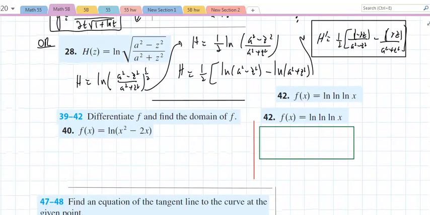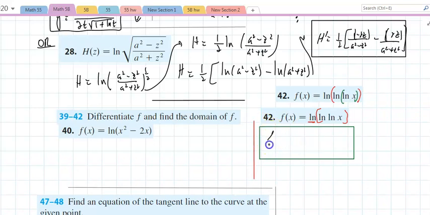And I want to look at number 42 first. 42, I want to take the derivative of this. First things first, I see a natural log. F prime is 1 over, actually let me stick with the colors.